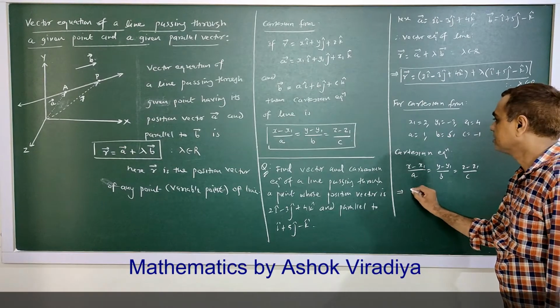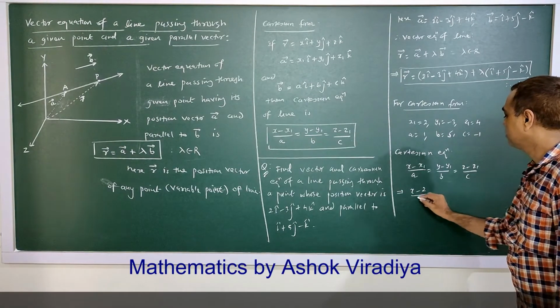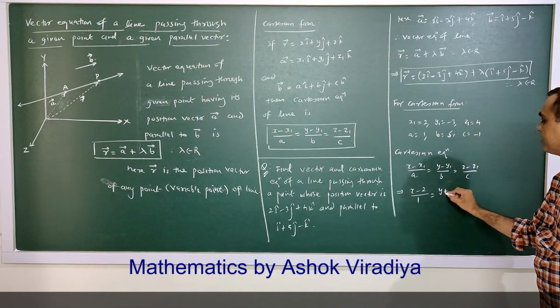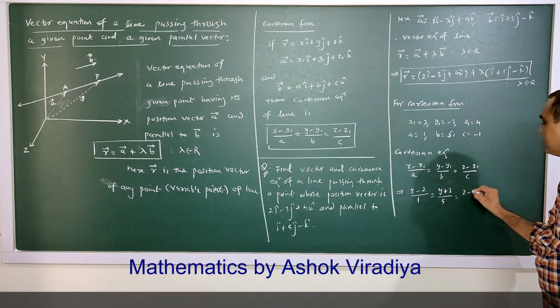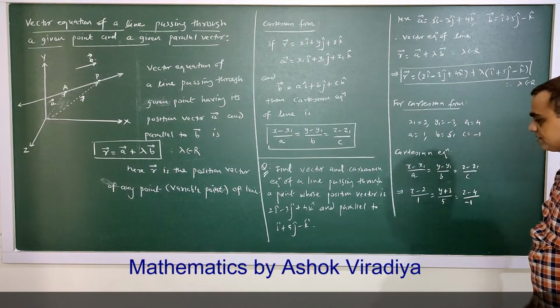That is (x minus 2) upon 1, (y minus (minus 3)), that is y plus 3, upon 5, (z minus 4) upon minus 1.